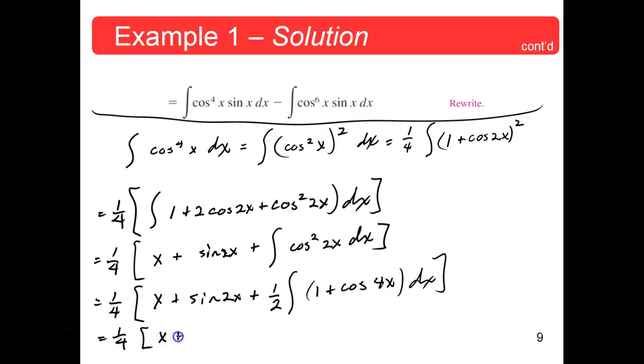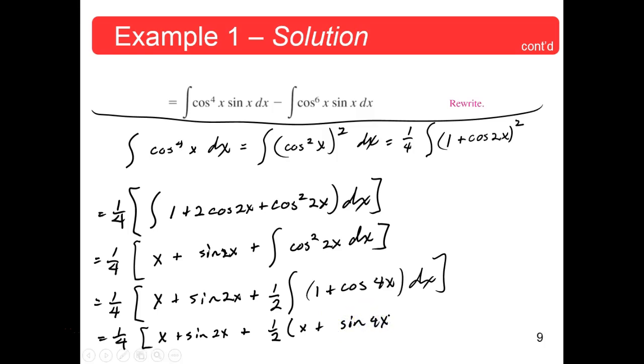The x plus sine 2x comes next, plus, and this 1/2 is in front of these, and what's the antiderivative of 1? x plus, okay, you're doing the antiderivative of that. So first, it's going to be a sine function, right?